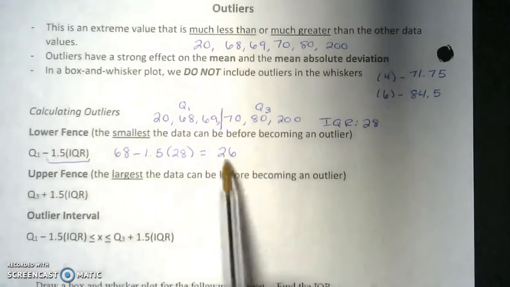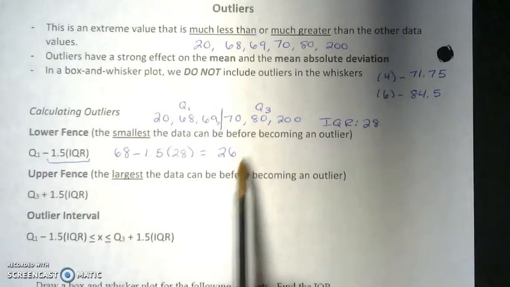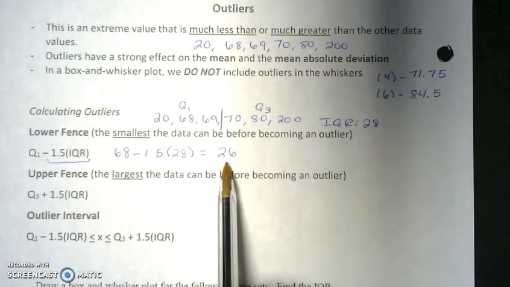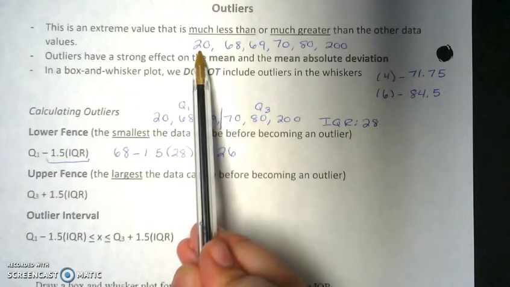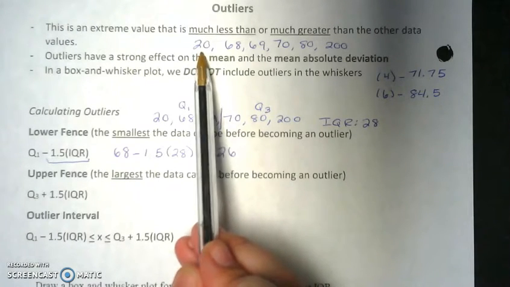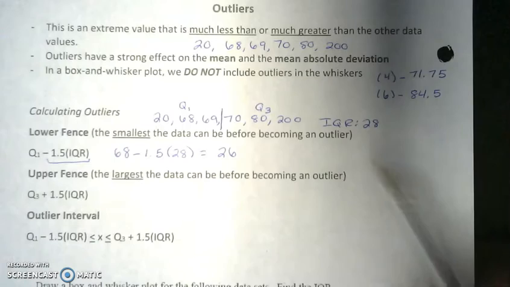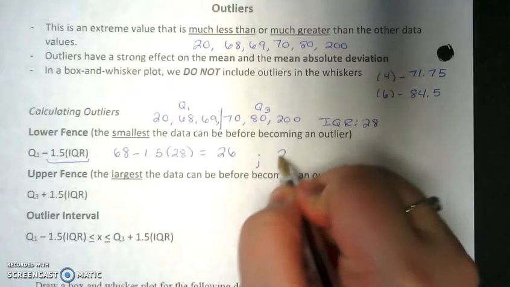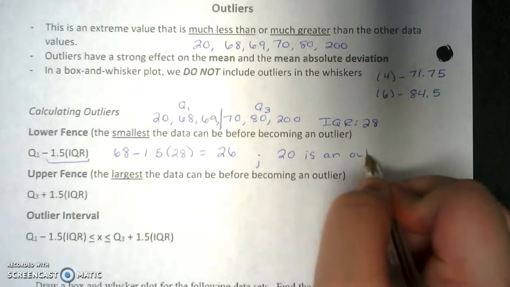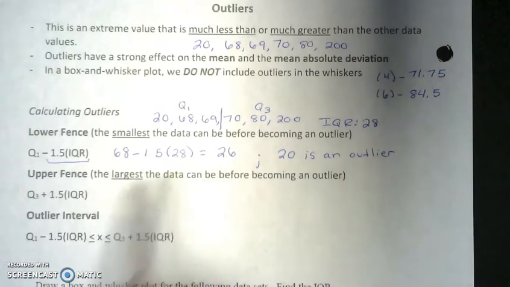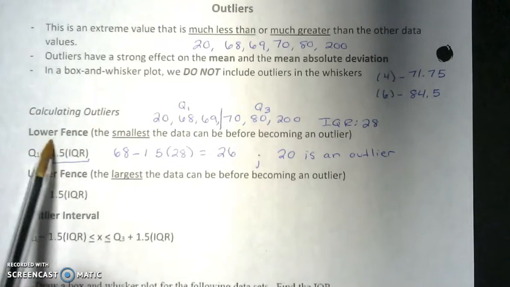Okay, so this is saying the lowest the number can possibly be is 26. Now, do you see any numbers that are less than 26? We see 20. So 20 is less than 26, so we just figured out that 20 actually is an outlier. So 20 is an outlier, and we know this because it's lower than the lowest possible one, which is the lower fence.